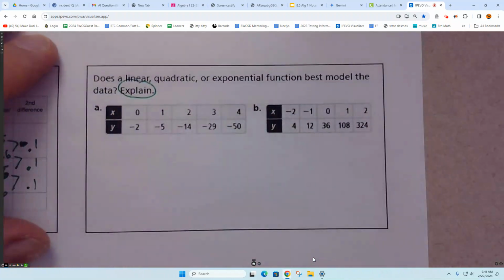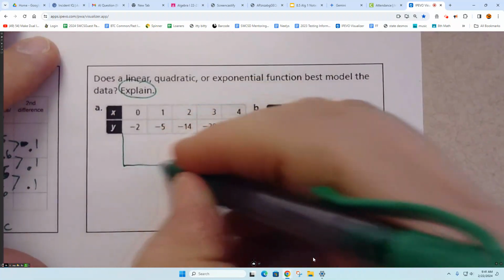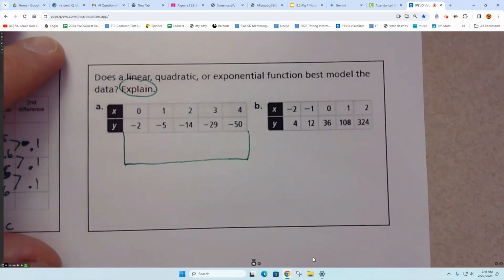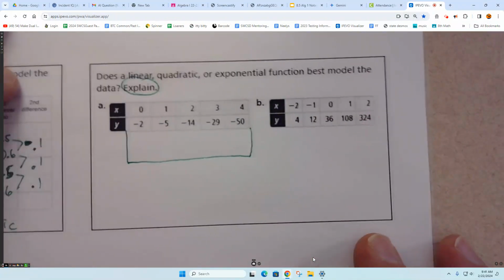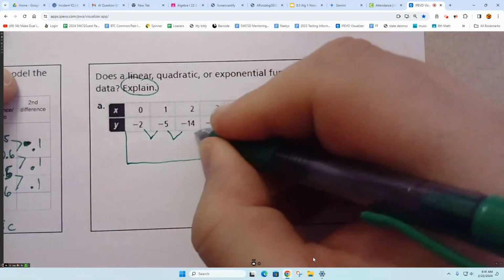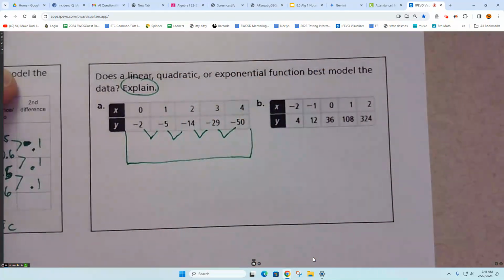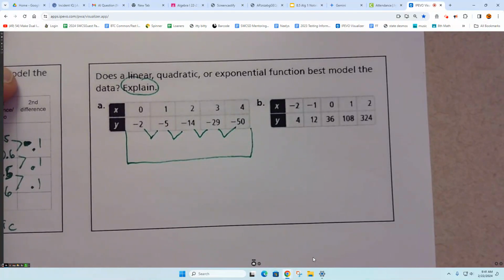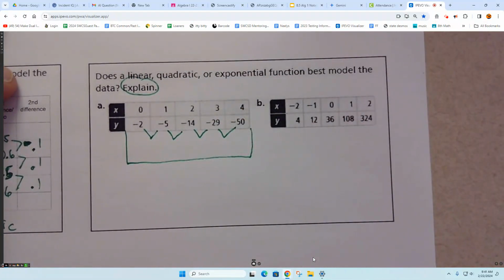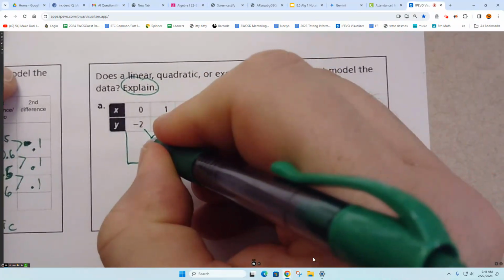So like this one right here says explain, then that means I need to make a table, right? I need to put some values on here. I kind of don't like the table. I almost wish the table was like this, right? That kind of makes more sense. What's the common difference? And again, these are in order, so that's good. Common difference from -2 to -5 is 3.